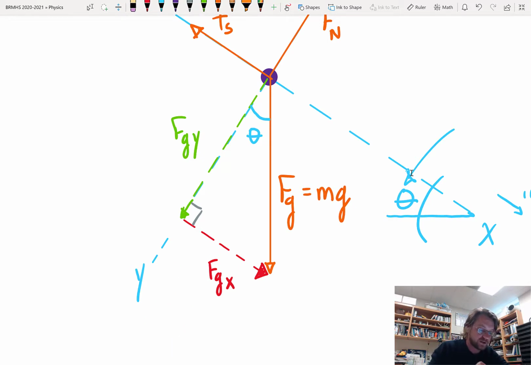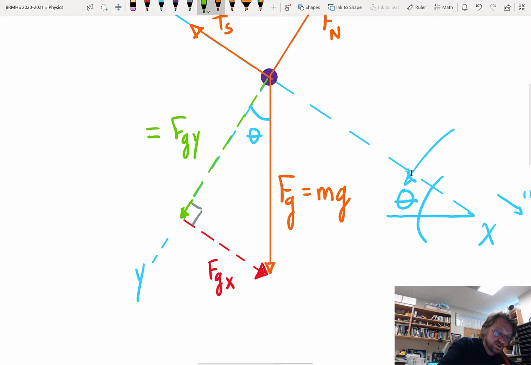The force of gravity in the y direction and the force of gravity in the x direction. I'm going to look at my triangle, and I see that Fgy, which is in green, is adjacent to my angle. So we think, which one, cosine or sine, relates adjacent to hypotenuse? That's the cosine.